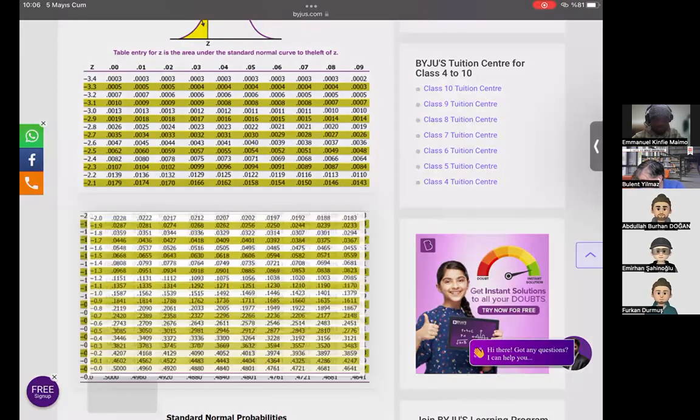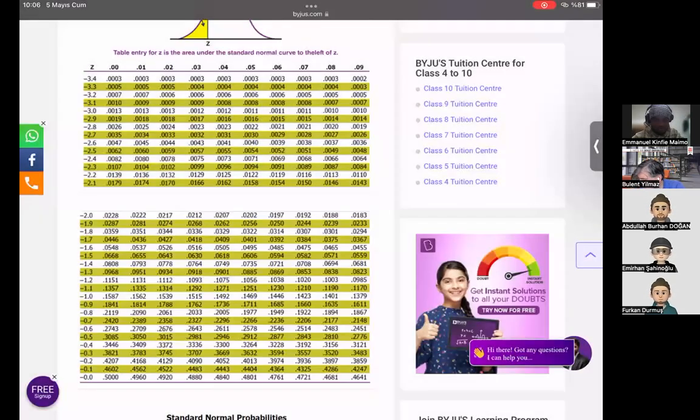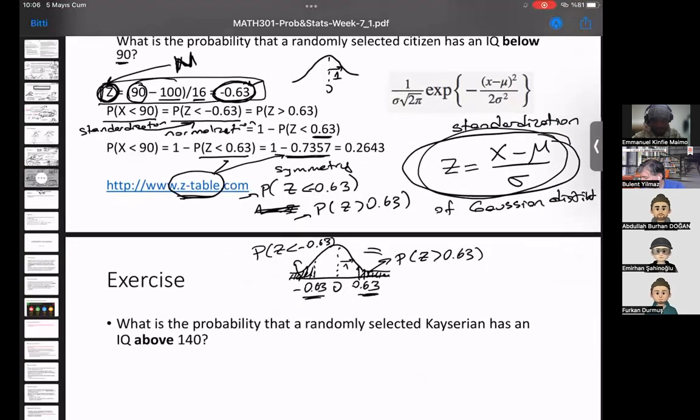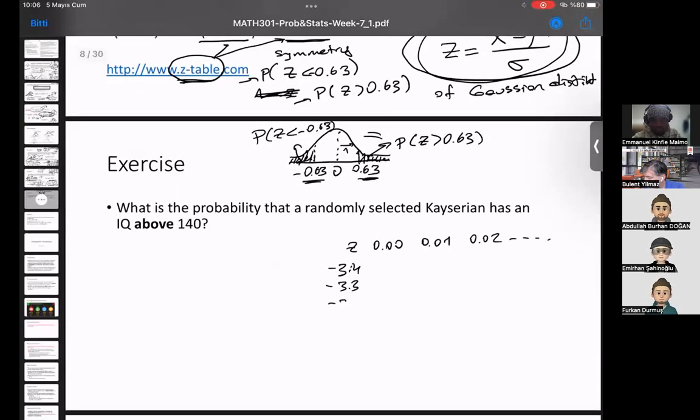Let me explain this to you on my own. So here is the table. There is Z 0.00, 0.01, 0.02, and so on, and there are minus 3.4, minus 3.3, minus 3.2.